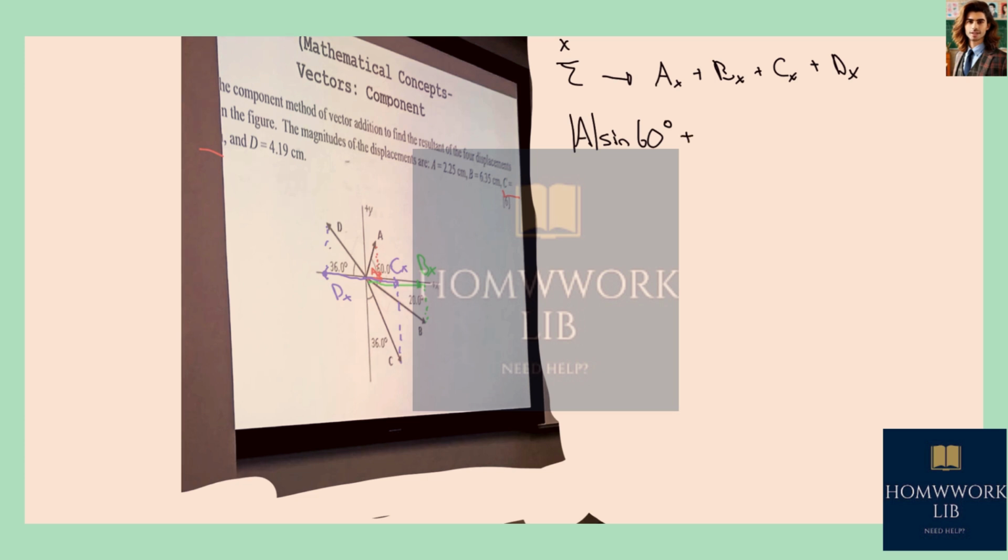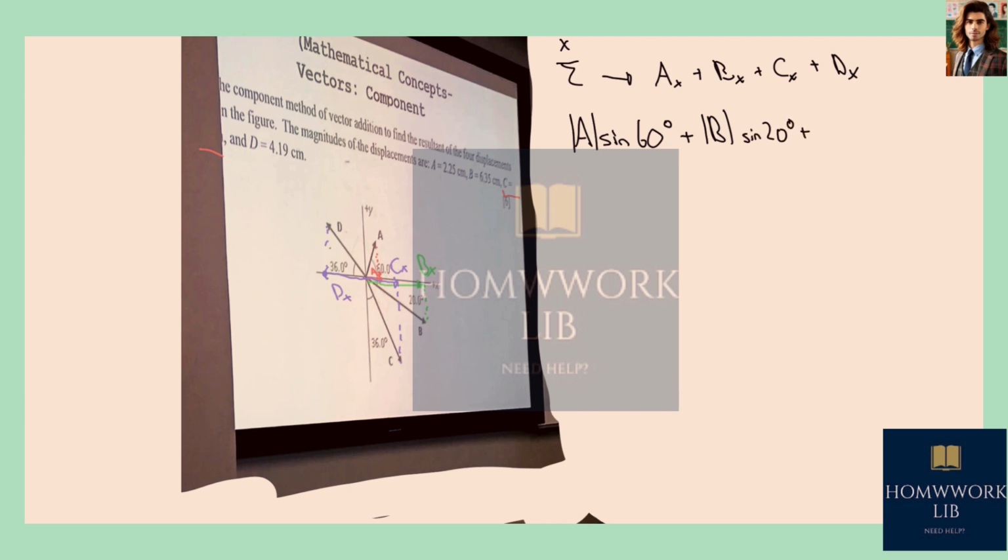Plus, now let's do the same thing for B. The component is also going to be employing the sine function, since the angle over here generates the following right triangle with 20 degrees as the angle. So this becomes plus B times sine of 20 degrees.